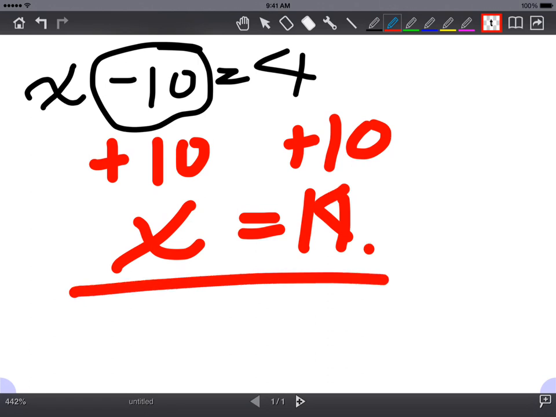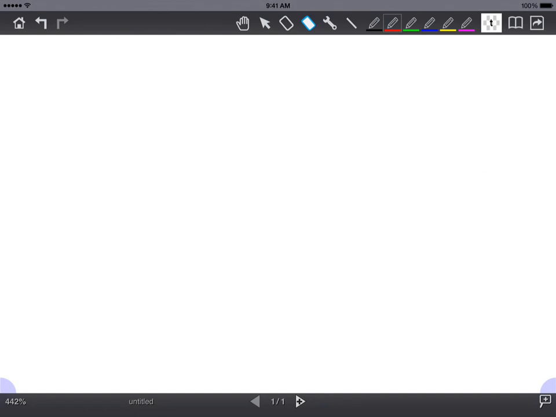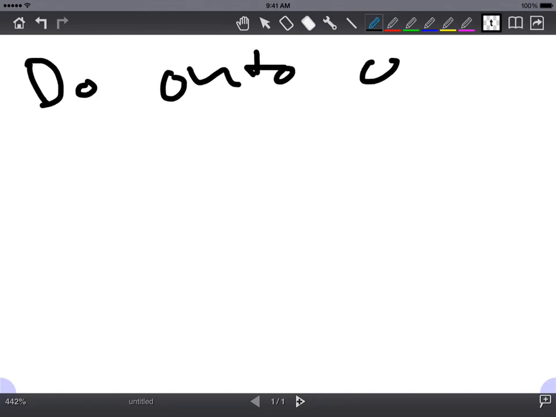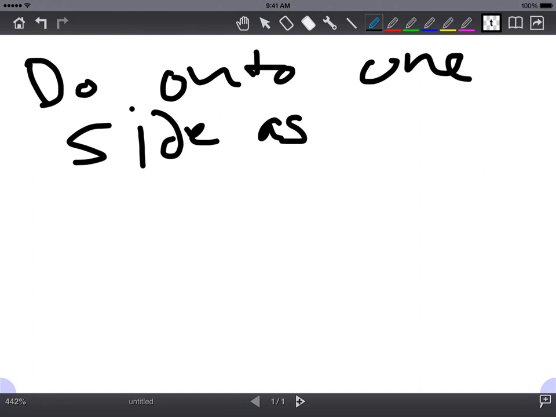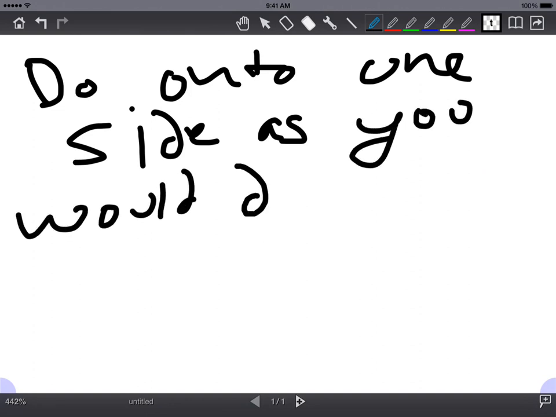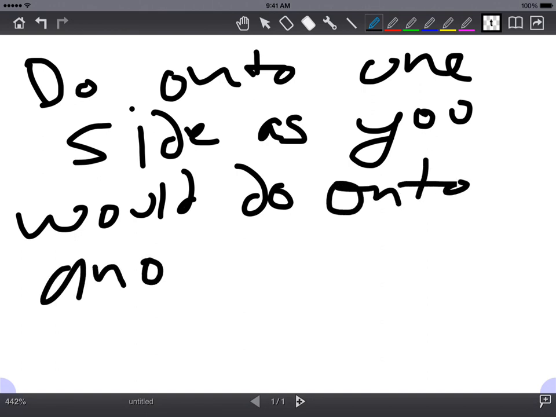Now, one law that my algebra teacher taught me is this. Do onto one side as you would do onto another.